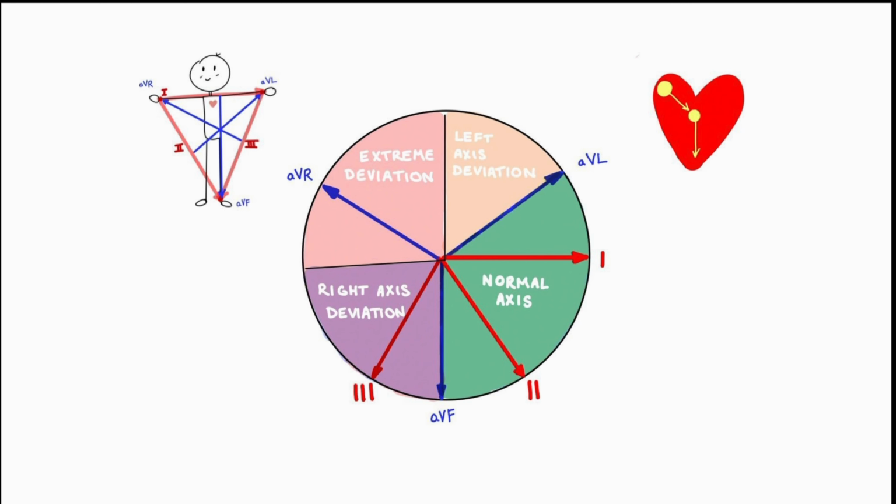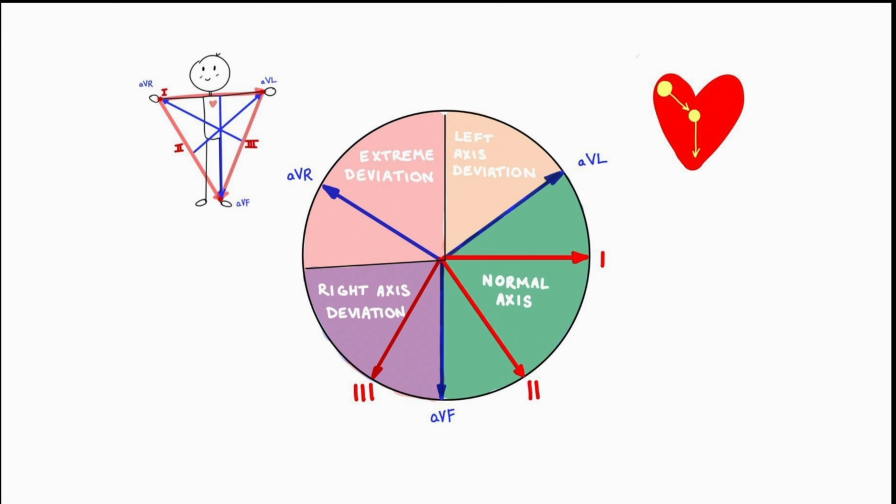If you want to pause it here and have a think about what we've done, please feel free. Mainly it's just looking at those arrows, drawing that perpendicular line on them and seeing what degrees you're going to be between if you're positive or negative in that lead.